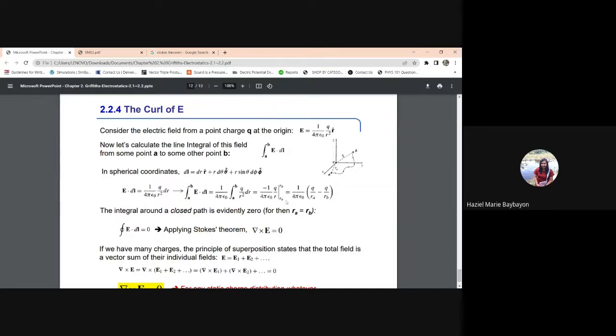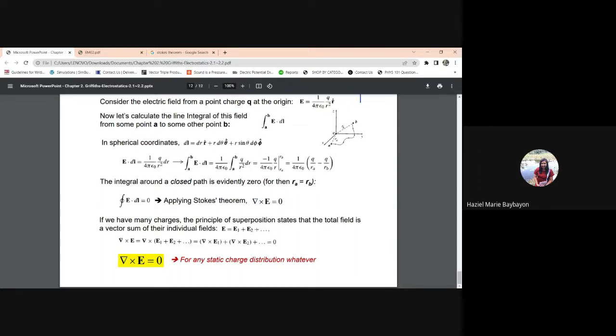The negative sign disappears because we put r sub A first. So this should be negative 1 over 4 pi epsilon naught, Q over r sub B minus Q over r sub A. To simplify, we shift the two, so the negative sign disappears. Or we distribute the negative sign, and we get 1 over 4 pi epsilon naught, Q over r sub A minus Q over r sub B. Okay.